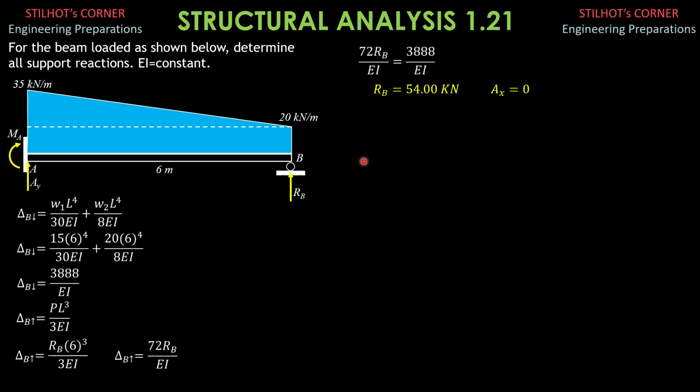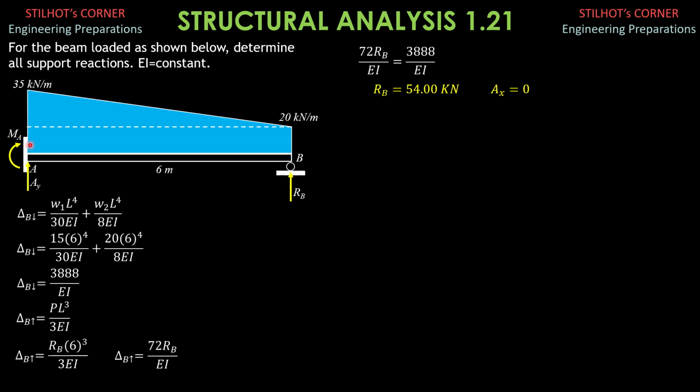So AX is 0. Then let's compute for MA by summing up moments about A equals 0, clockwise positive, because this is the positive moment direction for MA clockwise, then counterclockwise at the right.